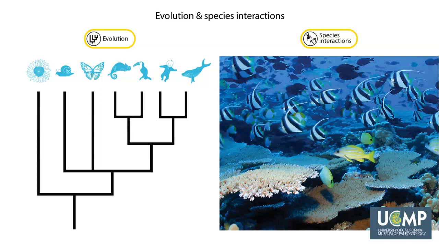Evolution is the changing characteristics of populations of organisms over time that are passed or inherited from one generation to the next. Additionally, all species are affected by interactions with other living things, and these interactions influence the abundance, life cycles, and evolution of organisms. For example, in coral reefs, species compete for limited space, and various fish, starfish, and snails live in and feed on coral and algae.